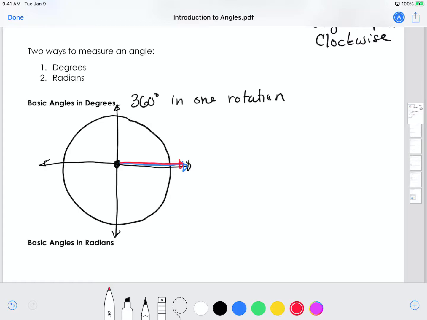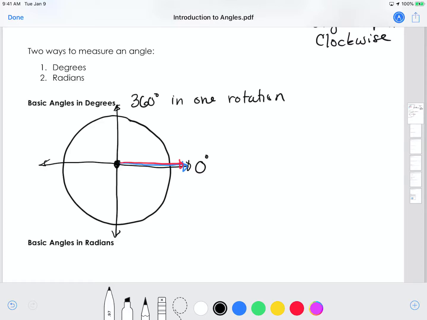In other words, I don't swing open anything. That would give me an angle of 0 degrees if I don't swing open at all, and the initial side and the terminal side lie on top of each other.